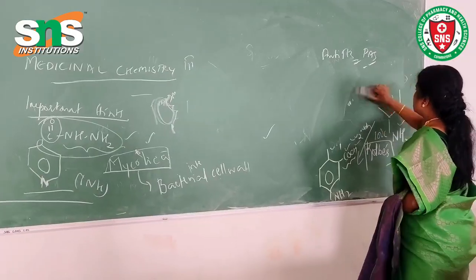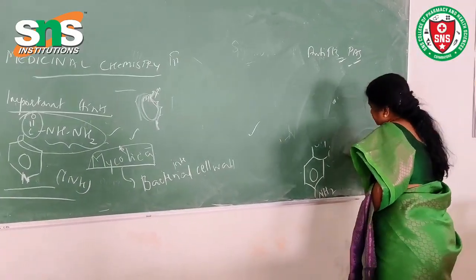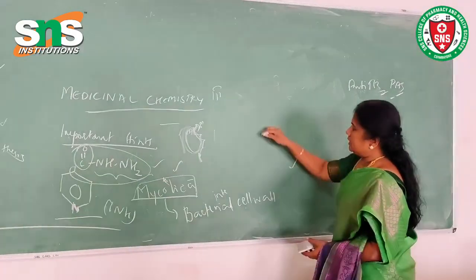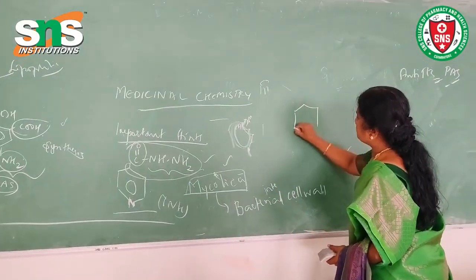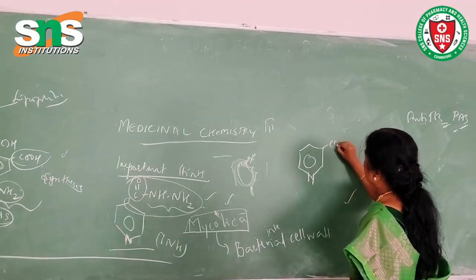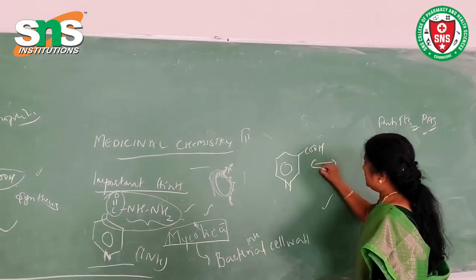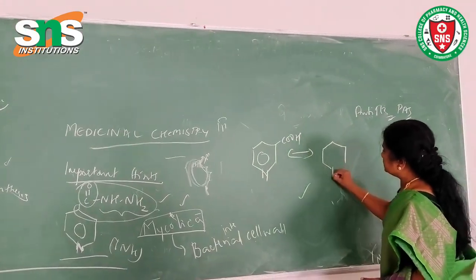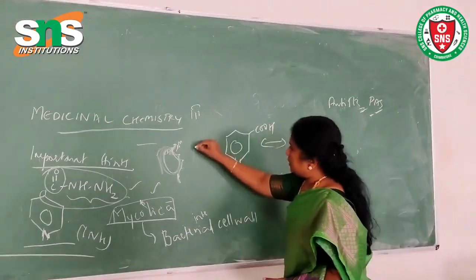So how to study the synthesis? Here we are taking pyridine carboxylic acid isomers. It gives gamma picoline.